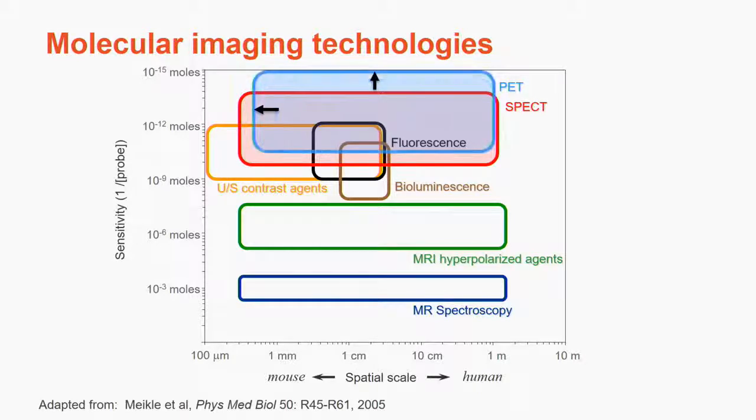For example, PET now is more like here, so we're below the 1 millimetre resolution limit, which is actually really important for mouse brain imaging. And we've seen through projects like the Explorer and other approaches that we're also boosting the sensitivity, which we all thought was already good enough, but there's still a long way that it can be improved. And the important point, I think, is that this opens up a lot of applications in both the preclinical and clinical space.